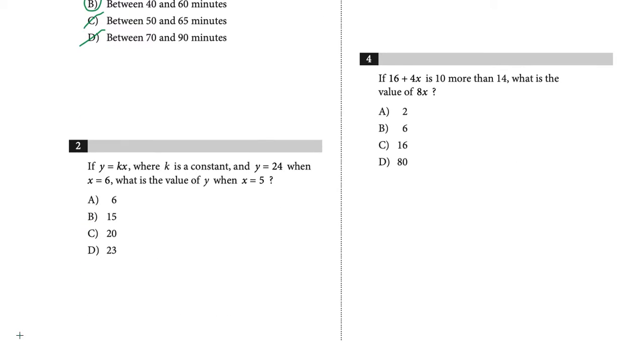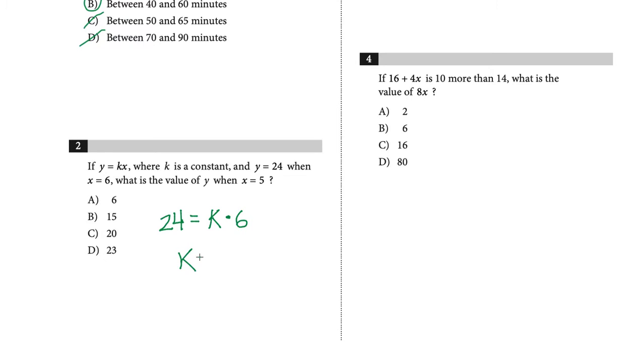All right, number 2. If y is equal to kx and k is a constant, y is equal to 24 and x is equal to 6, what is the value of y when x is equal to 5? So, plug in these two numbers first and see what happens. If y is equal to 24, 24 is equal to k, and x was 6, k times 6.